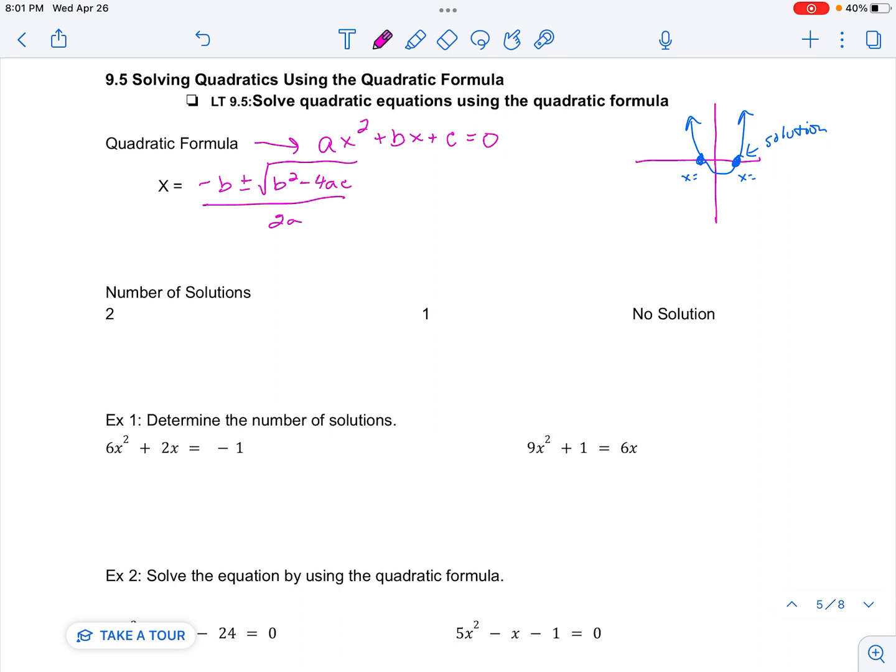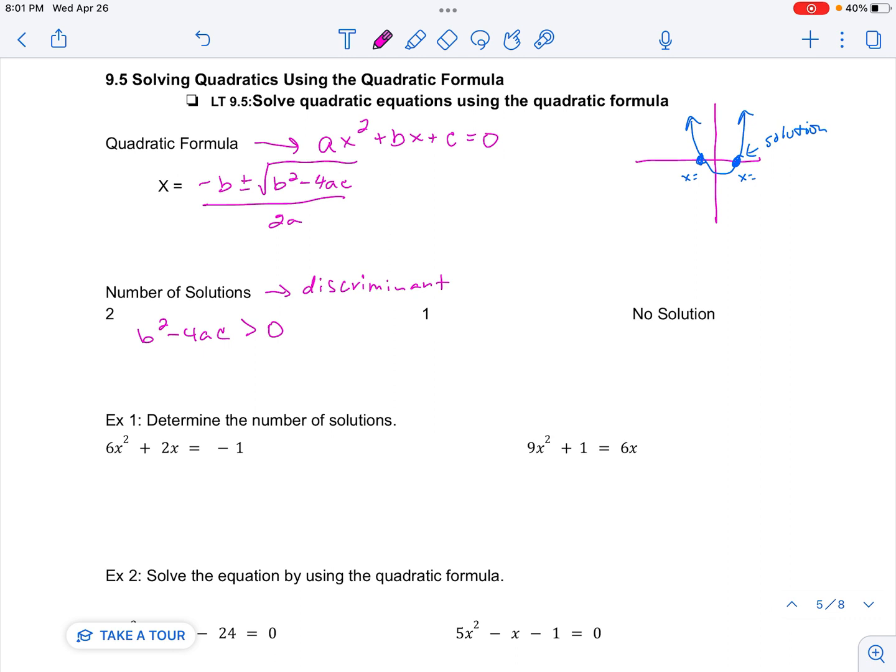So with that being said, number of solutions. This is what we call the discriminant. You will see this term on your worksheet and on assessments. If there are two solutions, your discriminant, aka the b squared minus 4ac, so what's underneath that radical, is going to be greater than 0.